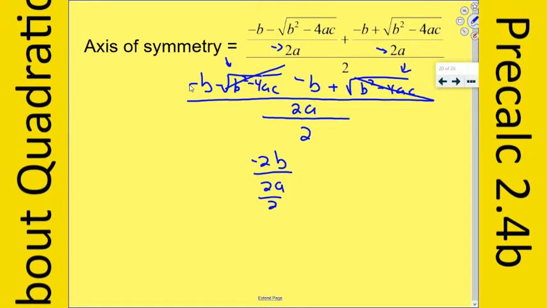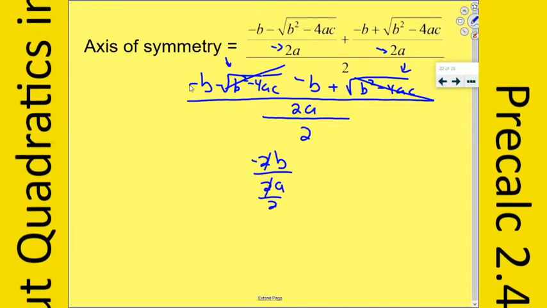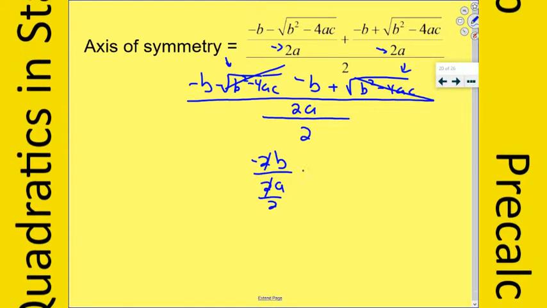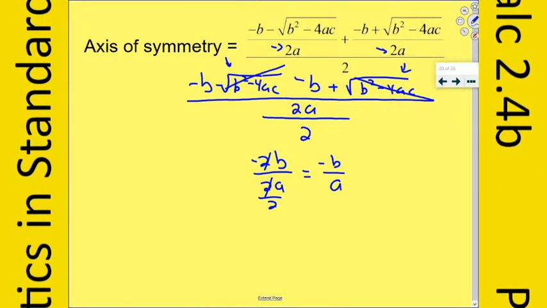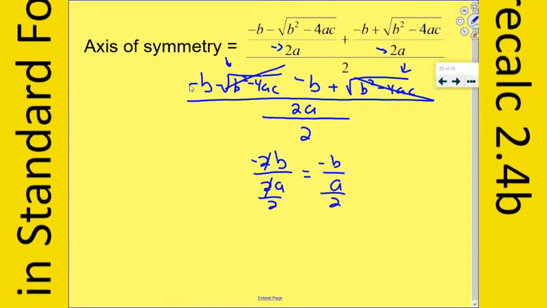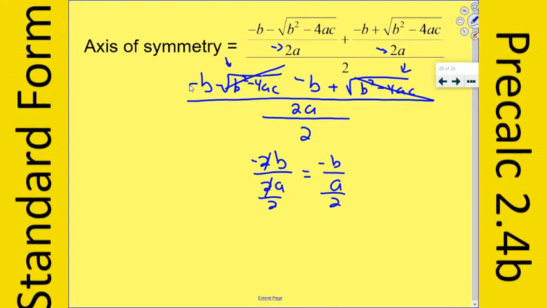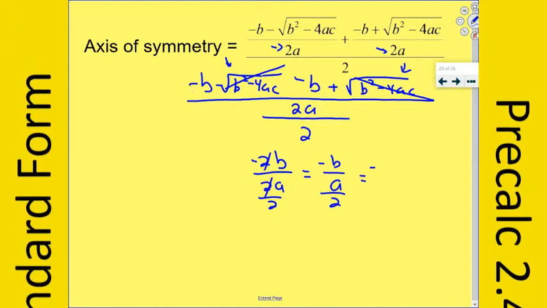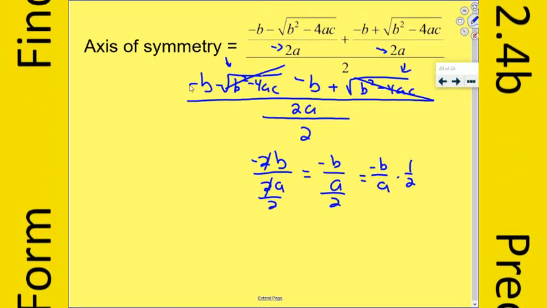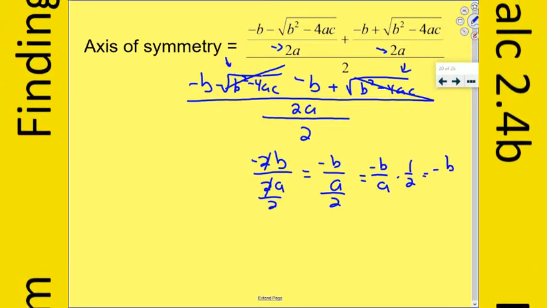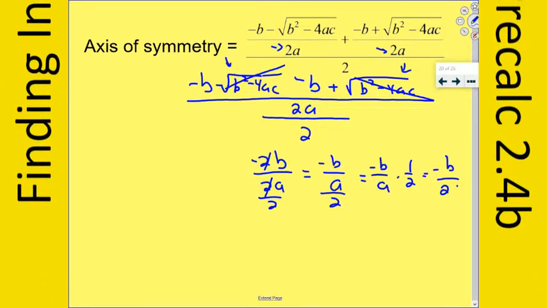So here we have 2 over 2, so those 2's are going to reduce out. So then we're going to be left with negative b over a over 2. So if we're dividing this fraction by 2, it's the same as multiplying that fraction by 1/2. In this case, we get negative b over 2a.